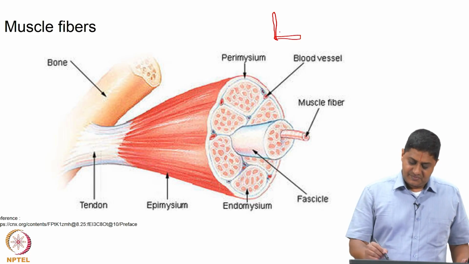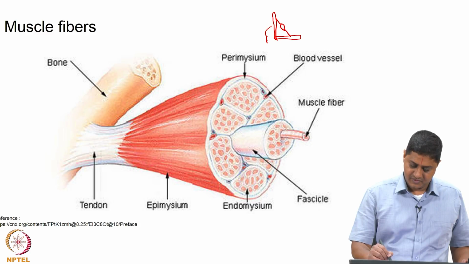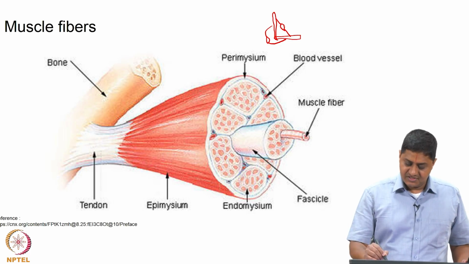Let us say, for example, these two bones are connected by a muscle, an agonist, and another muscle, an antagonist. Suppose this muscle, which is the agonist, contracts.